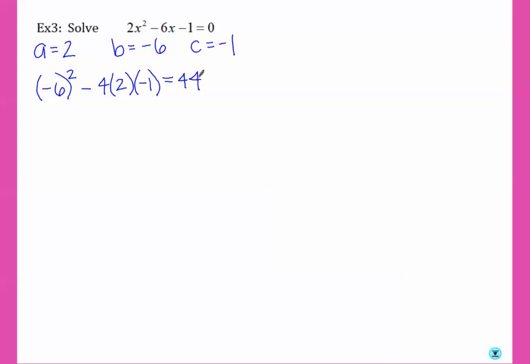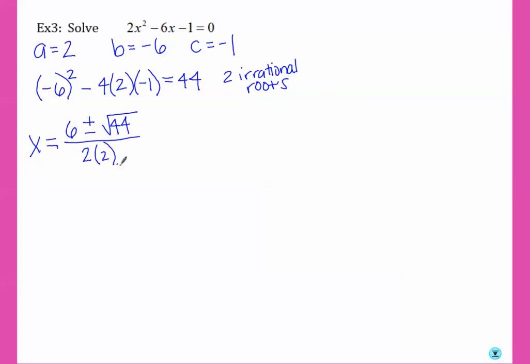It's positive, so we know the roots are going to be real, but because it's not a perfect square, we know we're going to have 2 irrational roots. So let's solve. X equals -b, so -6 would become +6, plus or minus the square root of our discriminant, which was 44, divided by 2 times a.